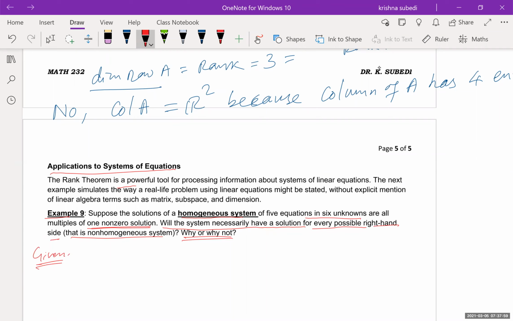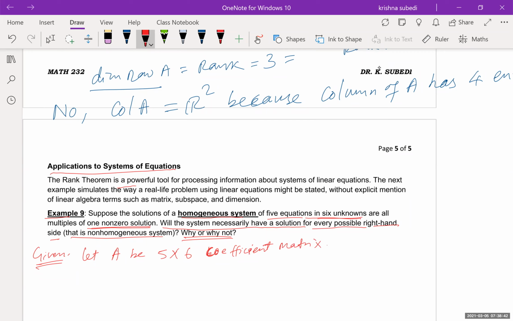So it says that there are 5 equations in 6 unknowns. So what does that mean? 5 equations and 6 unknowns, so the matrix A will be of size 5 by 6. It is a coefficient matrix. 5 equations, 6 unknowns, so the coefficient matrix will be of size 5 by 6.